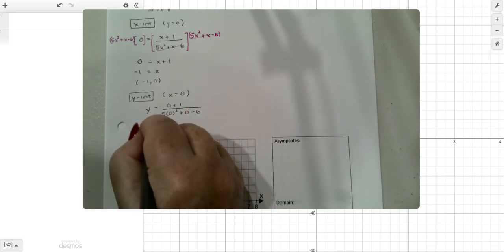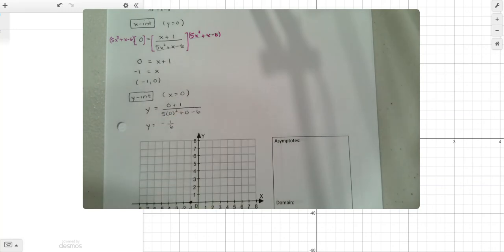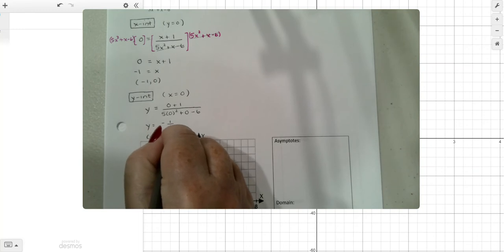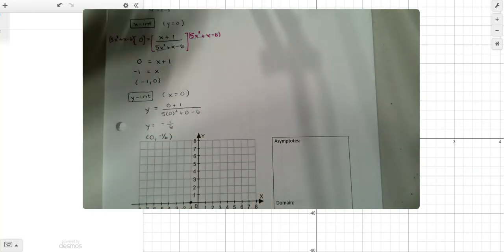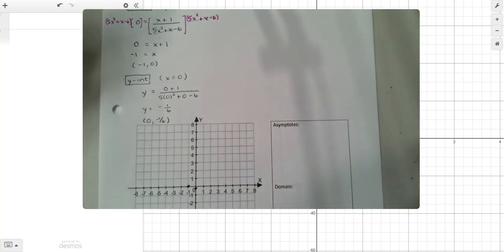And that's just going to give me negative 1/6. So my y-intercept is 0, negative 1/6. And that'll be just below the origin here, about there. All right, so the x and y-intercepts are graphed. Let's talk next about our asymptotes.